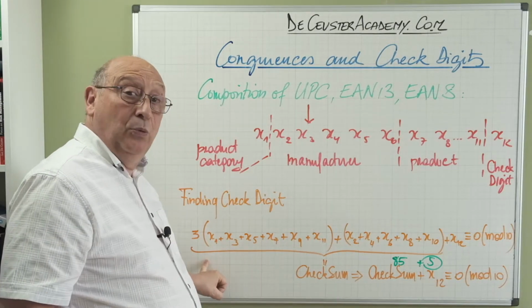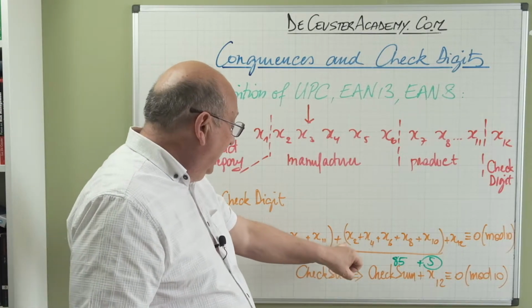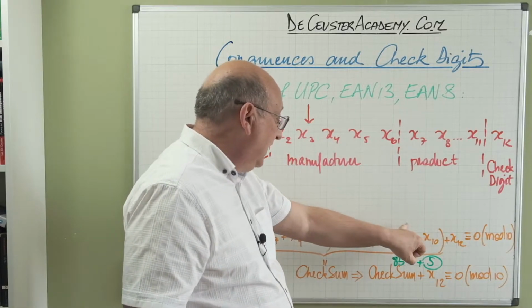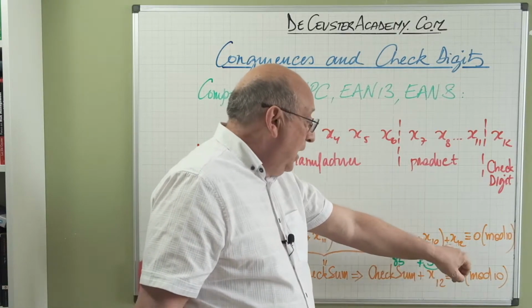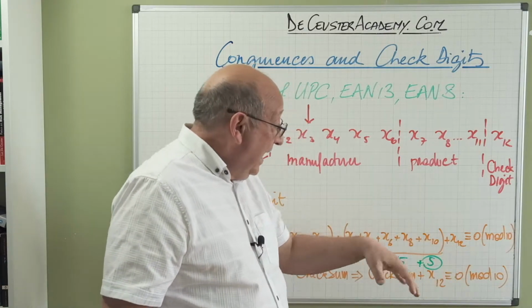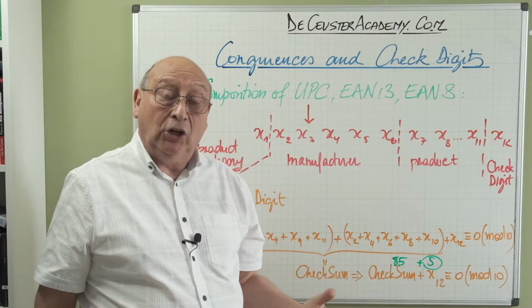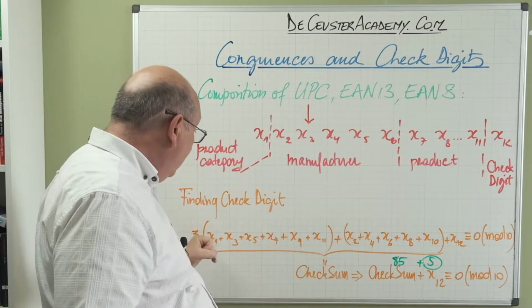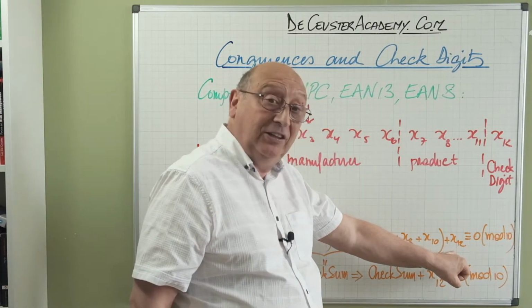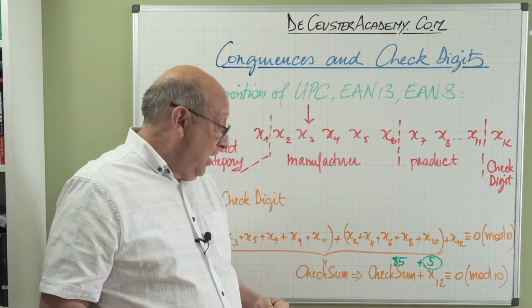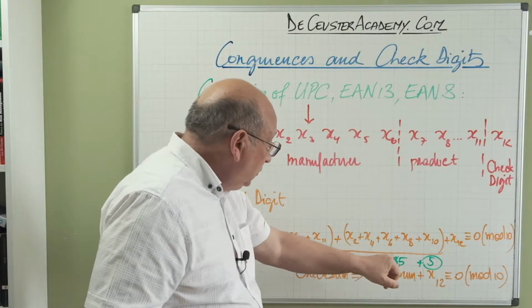We multiply them with 3, and then we add the even parameters, x2, x4, x6, x8, and x10, plus the check digit. And that has to be congruent 0 modulus 10. So basically, when we have this calculation plus the check digit, we have to have a multiple of 10.